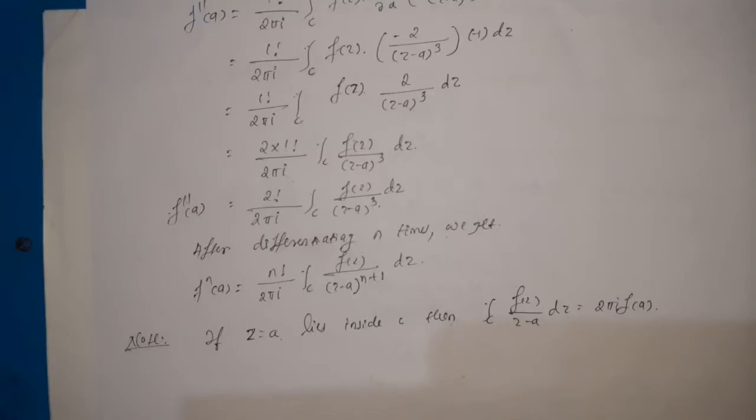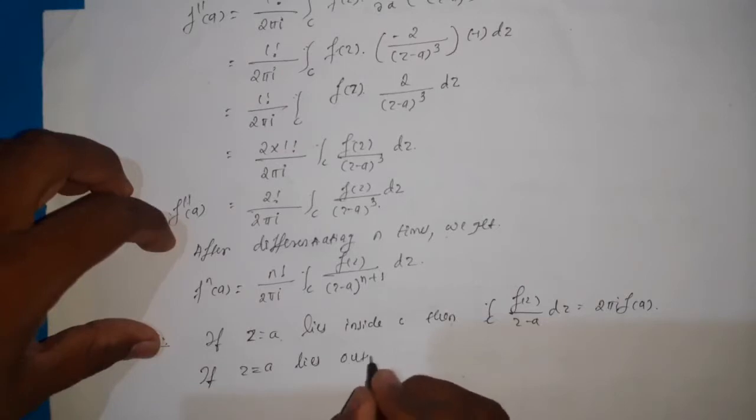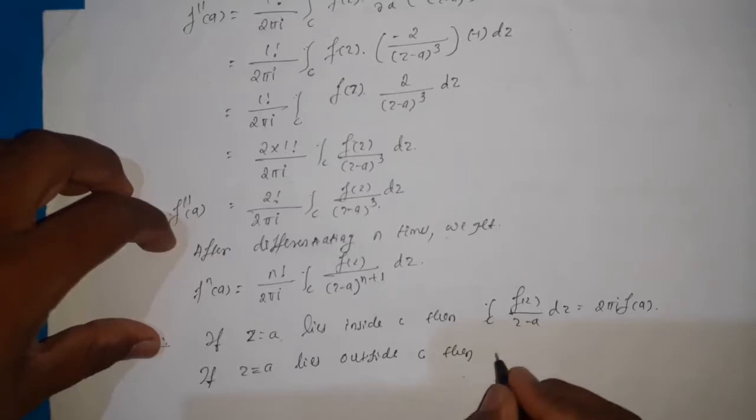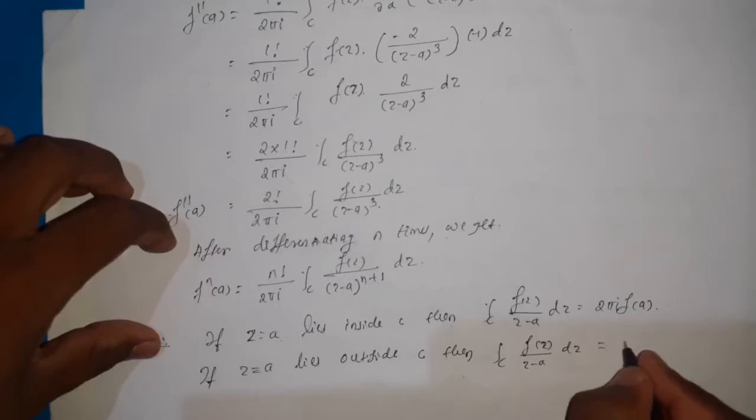If the point lies inside the given curve, then we can define the value of the integral as 2 pi i into f of a. So if z equal to a lies outside C, then integration over C f of z divided by (z minus a) dz is equal to 0.